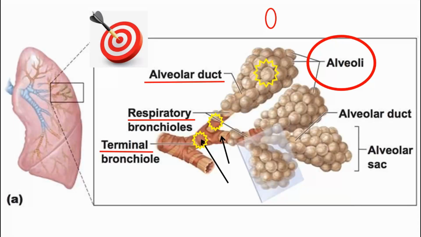Then the respiratory bronchiole is also going to divide, and these divisions are going to be the alveolar duct, then alveolar sacs, and all these structures, the respiratory bronchioles, the alveolar ducts, the alveolar sacs, they all have alveoli opening into them, and they serve the purpose of gas exchange.